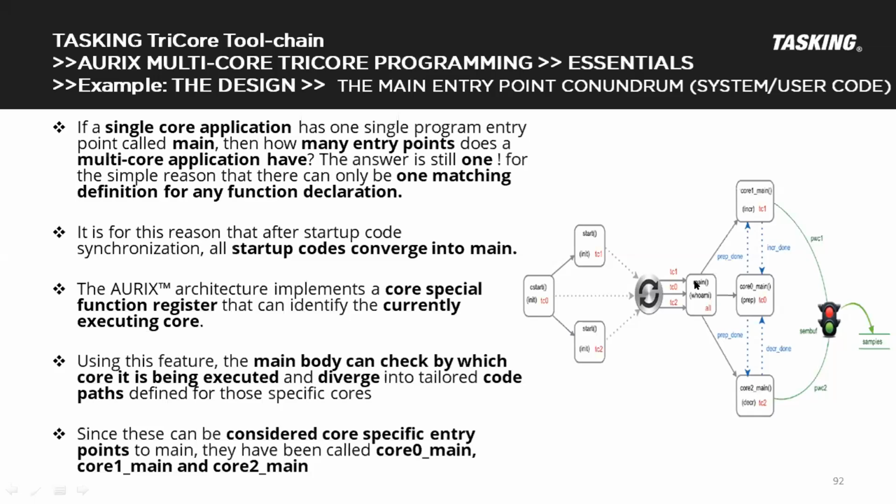And after that, this task that's called core 1 main or core 0 main or core 2 main, you could consider as an entry point that's related only to a certain core. So you have here 2 levels of main, I would say. One main where the convergence of all the startup codes goes to, and then a second kind of entry point specifically for your core.